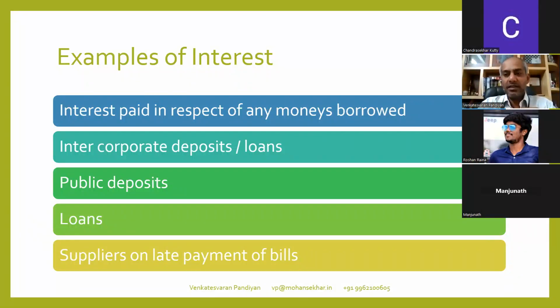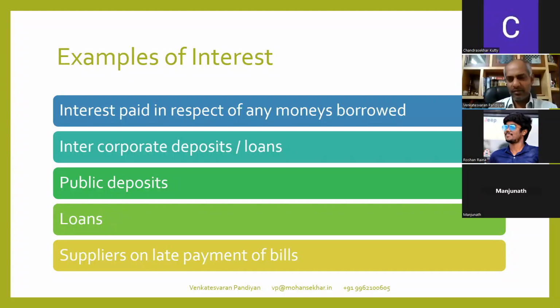In that case, TDS is payable. Then, if you have taken deposits from the public, private limited companies cannot do it, but generally this section talks about any deposits that you take from the public. If you pay interest, TDS under this section is applicable.